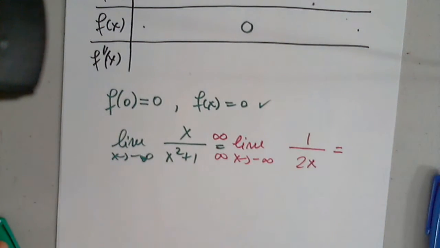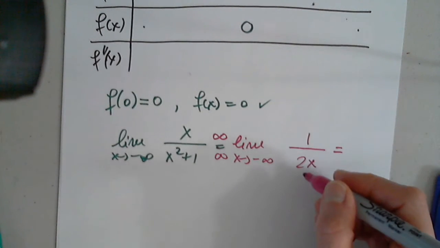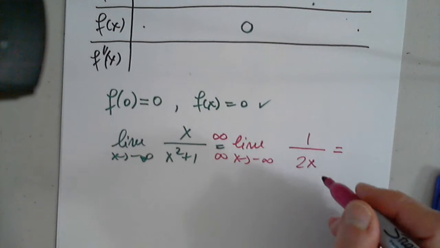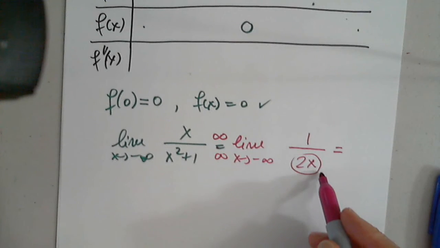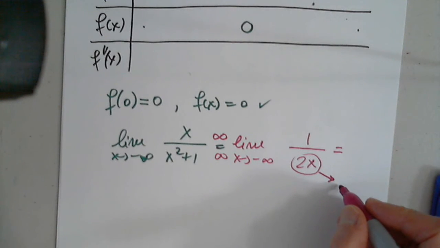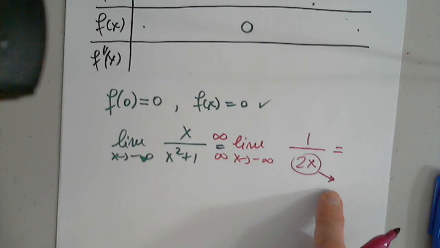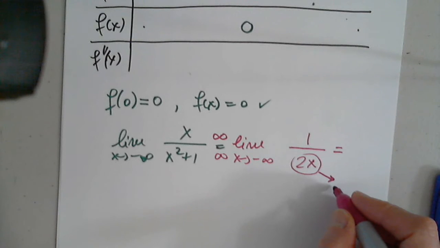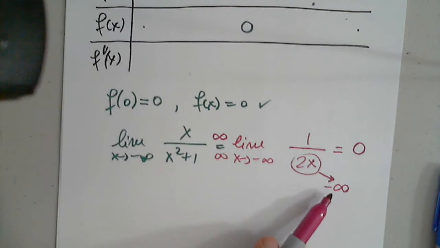And now the limit will be the numerator 1 over the denominator, which goes where? 2x as x approaches negative infinity goes to negative infinity. So 0. Good. So 1 divided by a huge number is 0.